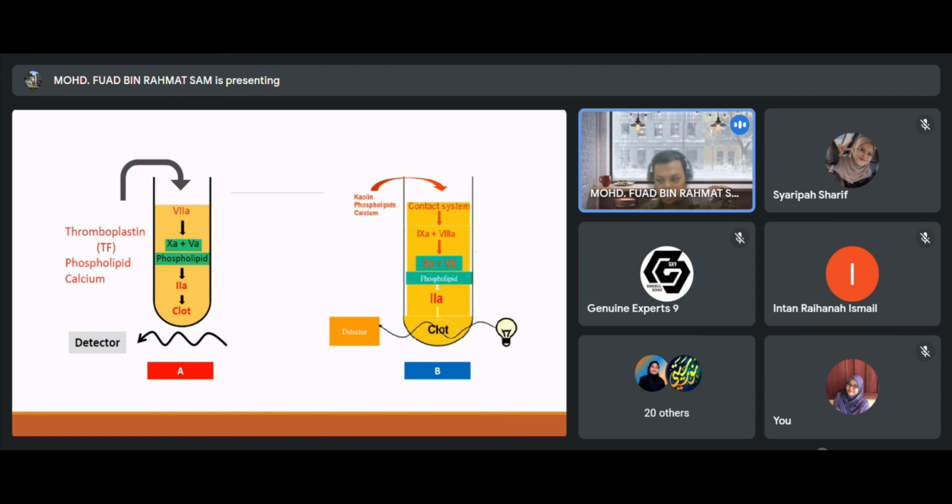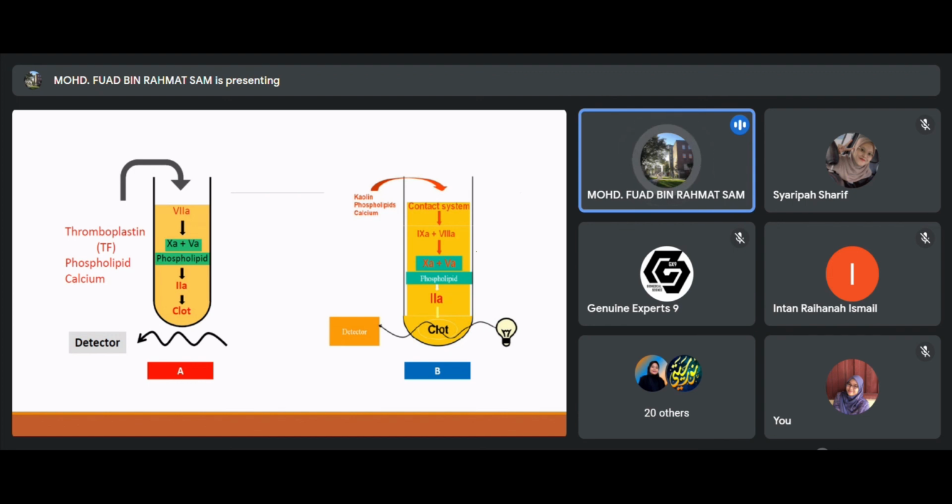Yang A is present to measure apa, yang B is represent to measure apa. Tapi there must be an explanation lah kenapa you guys mention A ni adalah untuk measure B, dan B ni adalah untuk measure apa.